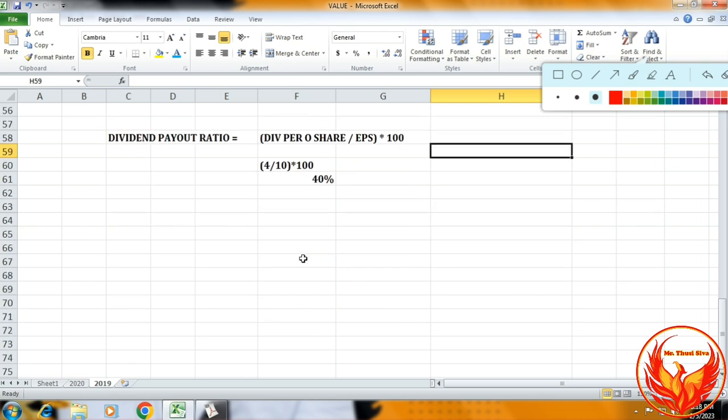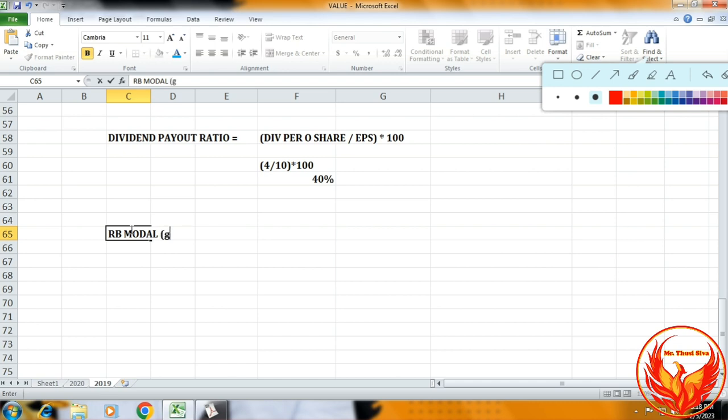Now we can find the growth rate using the RB model. g equals retention ratio into return on equity. How to calculate the retention ratio?